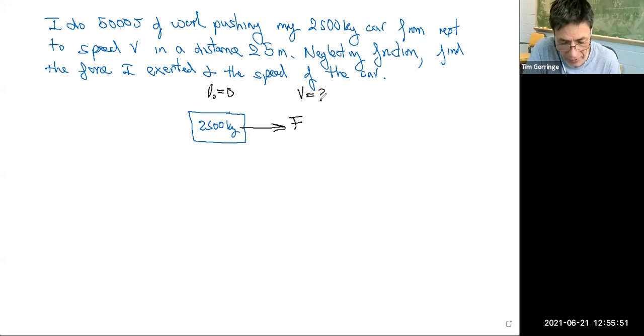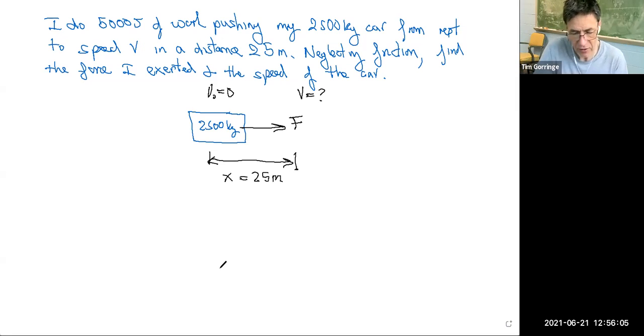I'll call that speed V. And I'm pushing over some distance. I'll call that X. That's 25 meters. And during this pushing of the car, the amount of work that I do is 5,000 joules. So that's the information that we know.